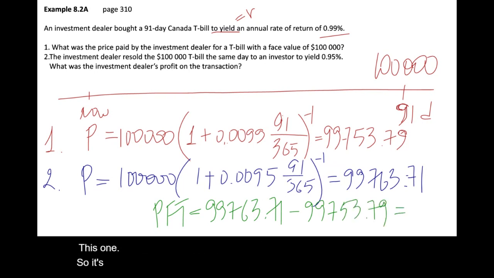So it's 9 something, right? 99,763.71 minus 99,753.79, so $9.92. That is his profit. Any questions, guys?